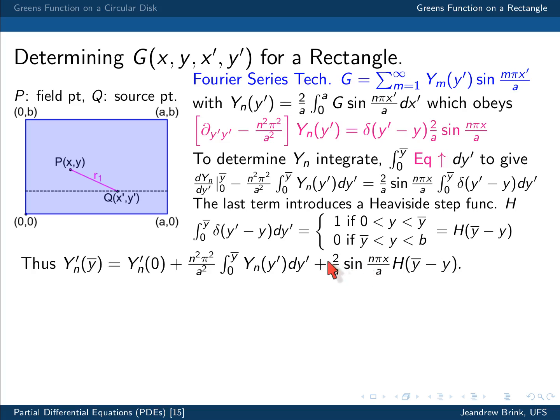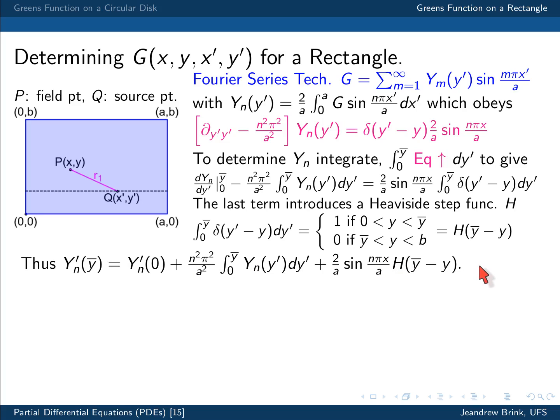We can then write out what yn derivative at this number y bar is, and it comes directly from here, where I've moved the derivative value at 0 to the right hand side. I've also moved this function to the right hand side, so there it is, plus sine n pi x over a, the Heaviside step function of y bar minus y.